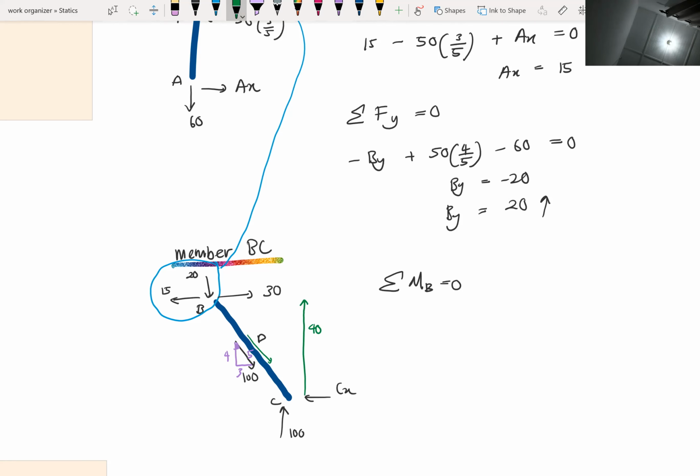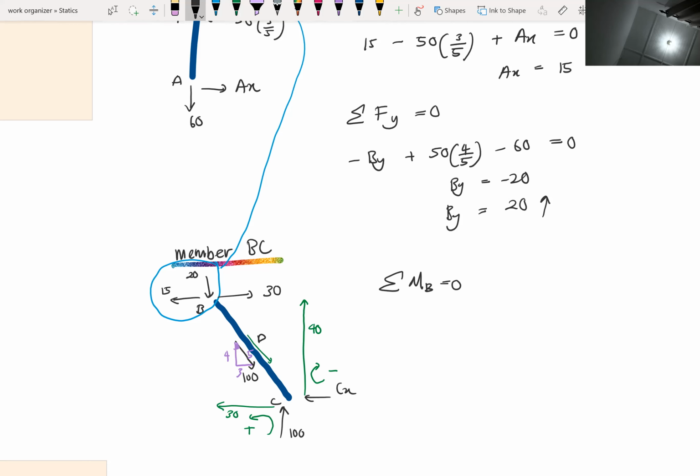This is left hand, so it is negative. And then we have this one, 30, and this is right hand side, so it is positive.